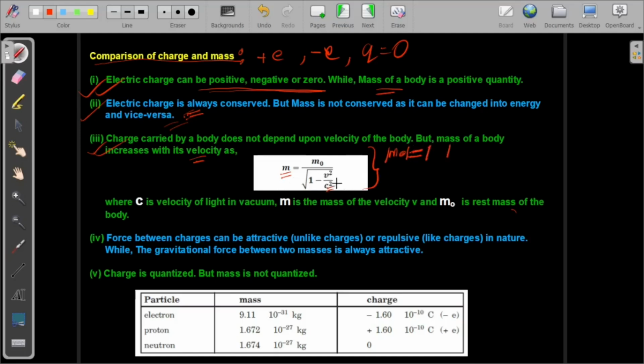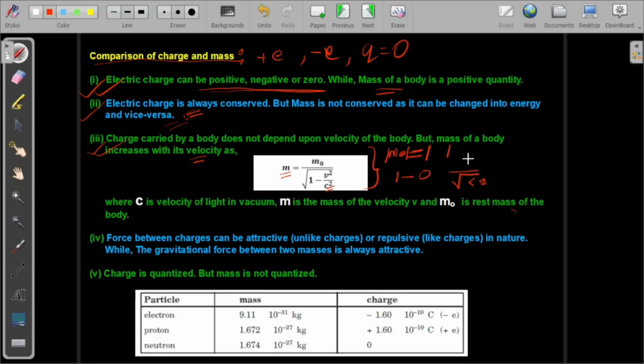Suppose v is equal to half of c. Then what will happen? It will be 1 minus something. That means this value is less than 1.